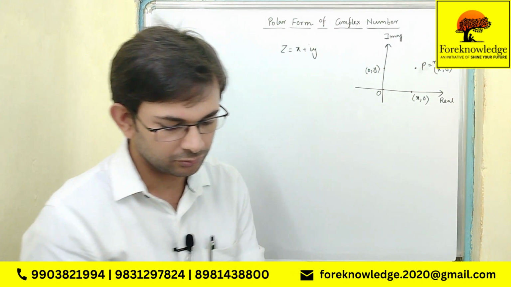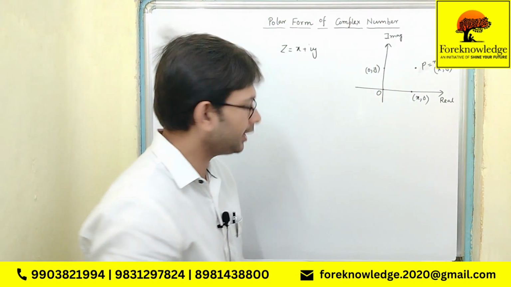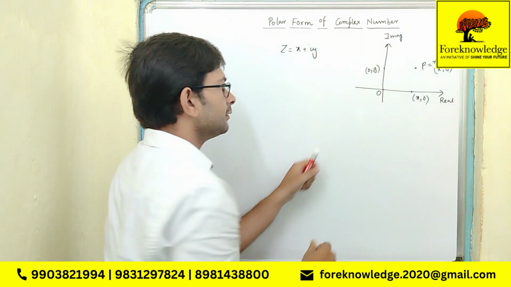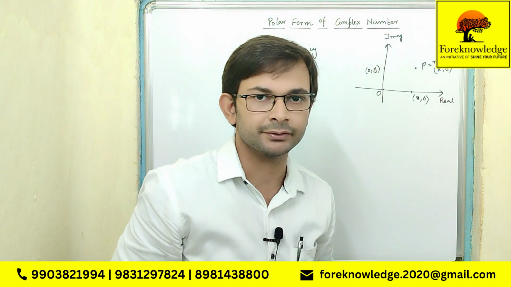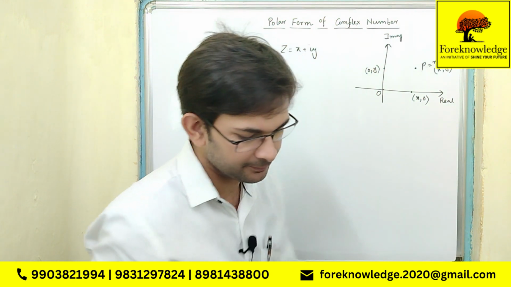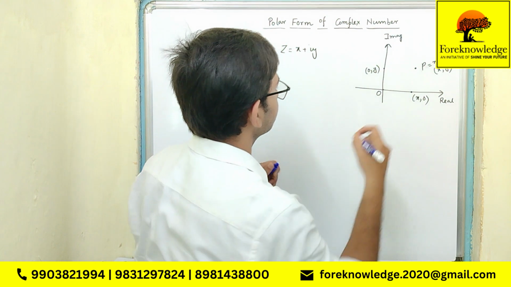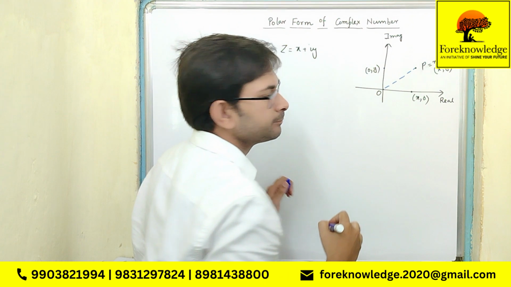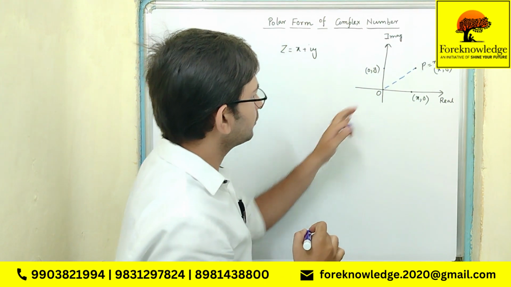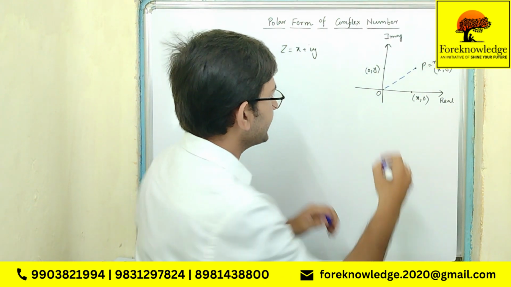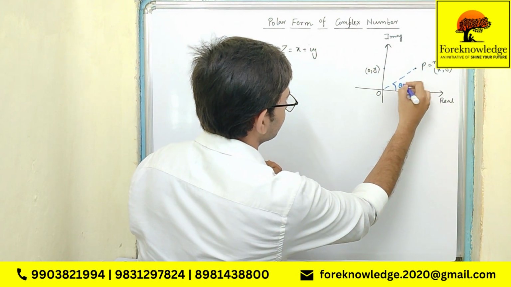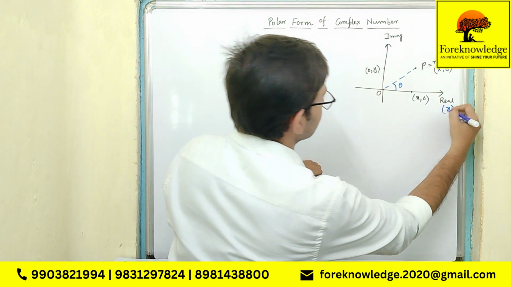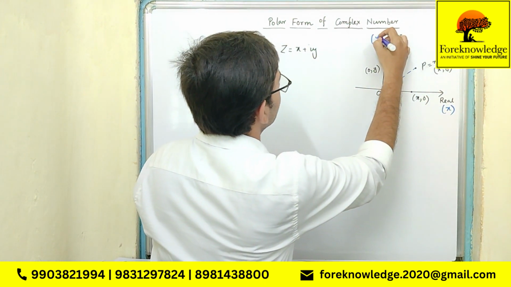Now look, we can represent this in a different manner. Let us join O and P. This OP will create an angle, suppose theta, with the positive direction of the x-axis. The x-axis means the real axis, and this is the imaginary or y-axis.